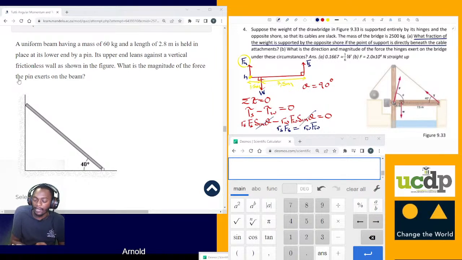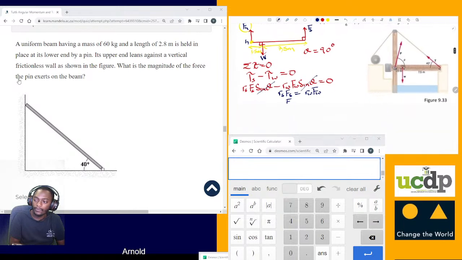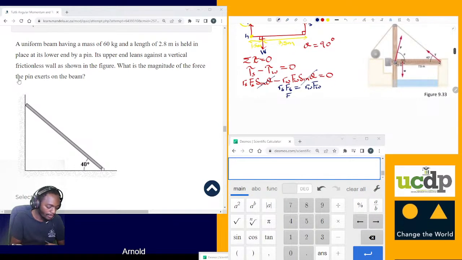So what that implies is we can make the force due to the shore over the weight, because we're looking for the fraction of the weight. So FS over FW equals RW over RS.